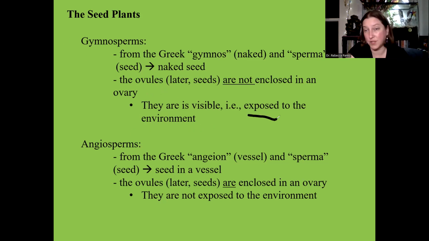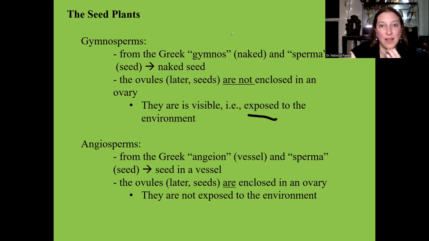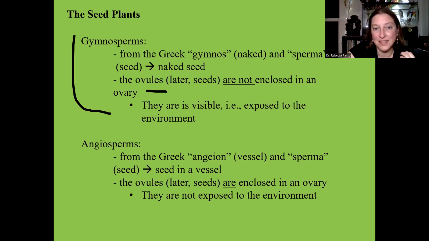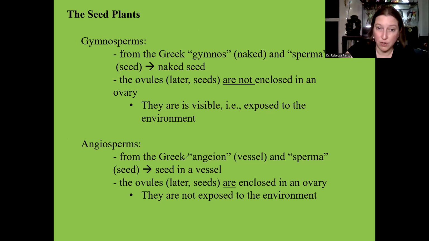Anytime something is exposed to the environment, it's probably not as good as being protected, right? Hence why there's only 11,000 some odd gymnosperms, because they have ovules and seeds that are naked or exposed to the environment. Only 11,000 of those, whereas angiosperms, there's 366,000 of those, and that's because they provide better protection. So the word angiosperm, angion or angio means vessel or a container.